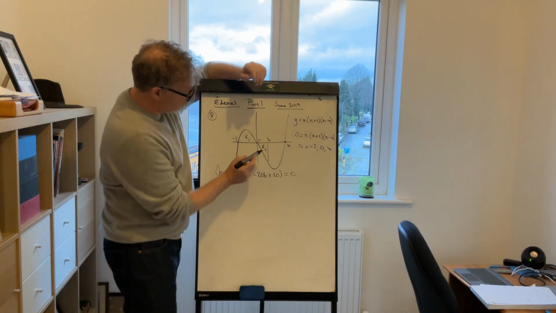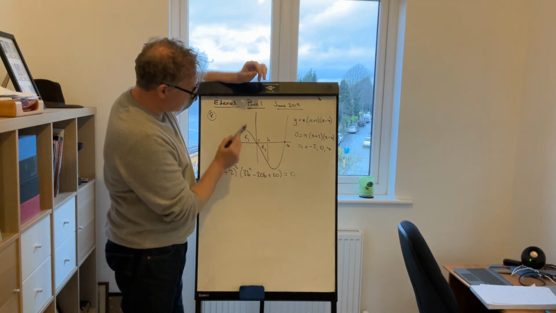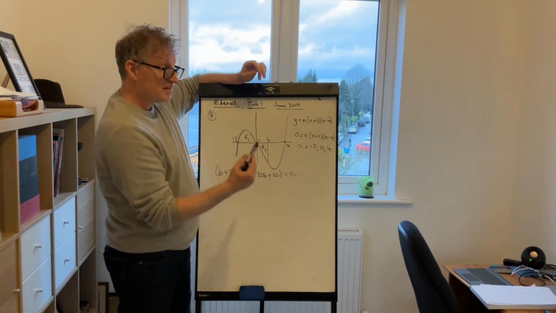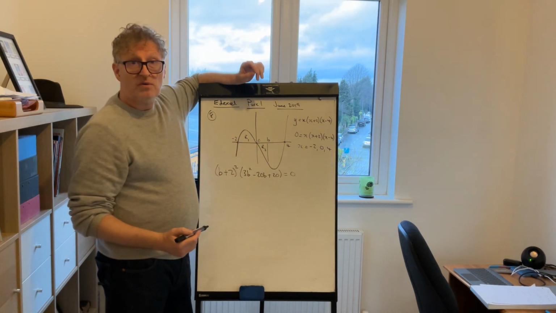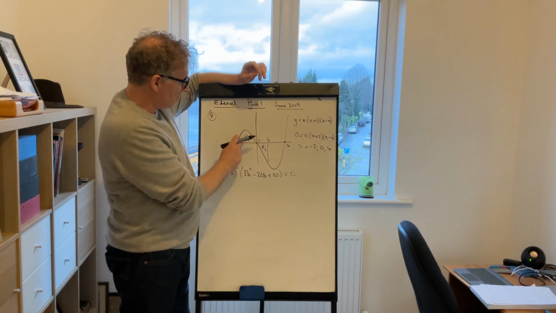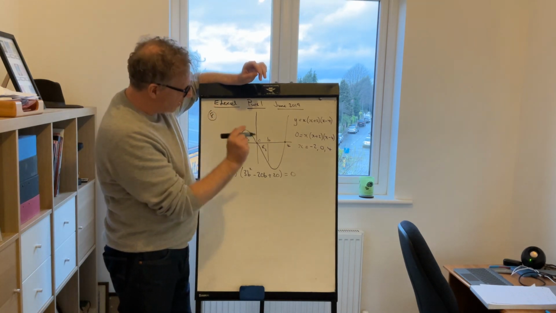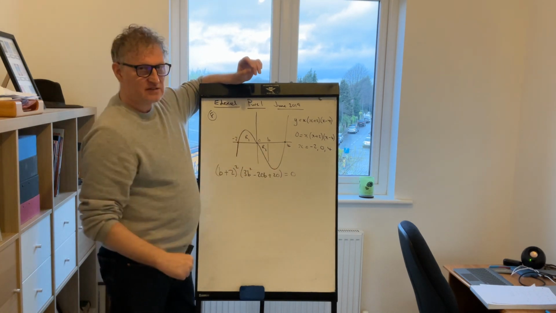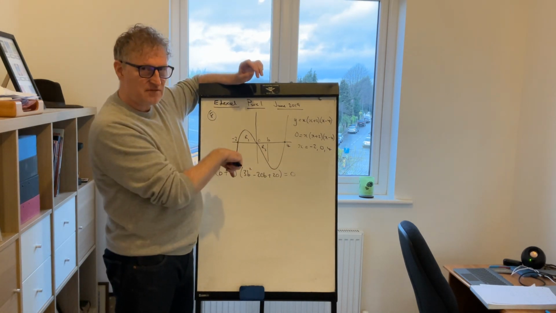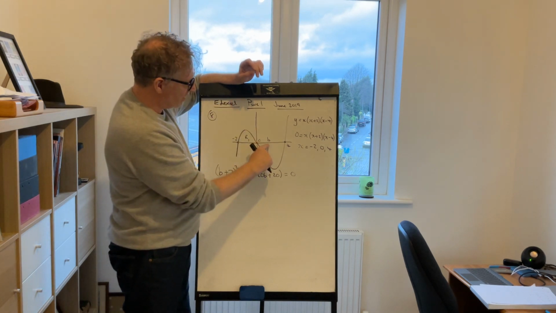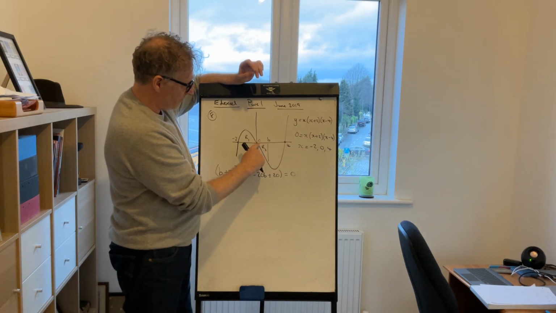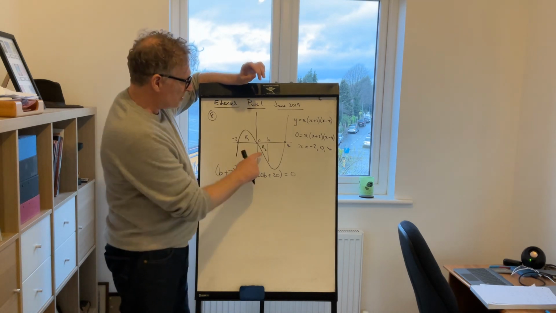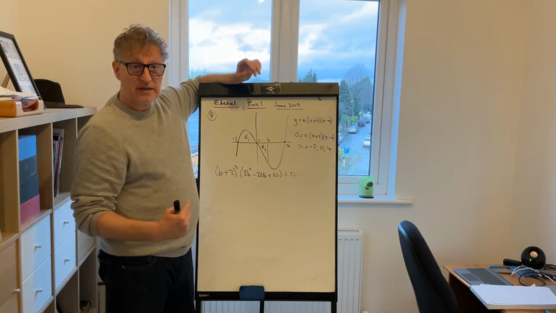If these 2 areas are the same, that means when we integrate between b and 0, we should also get the 20 over 3 that we got in part A for R1. However, R2 is below the x-axis, so we should get a negative value. So when we integrate between b and 0, we should actually get minus 20 over 3.